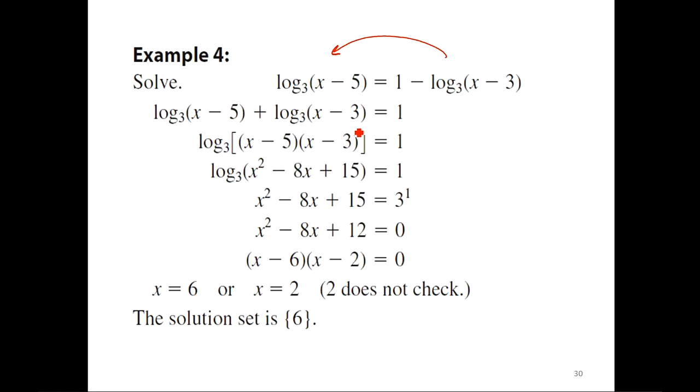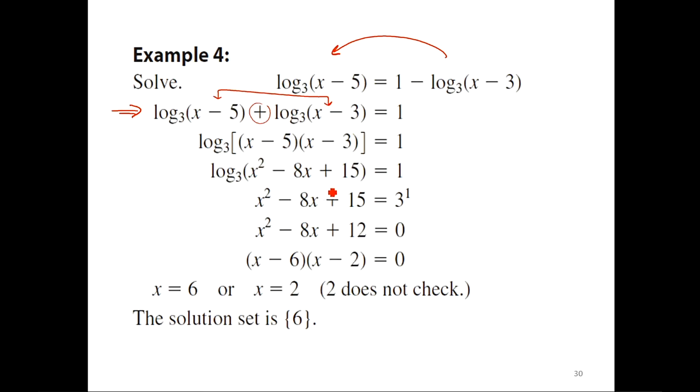Okay, so we have this one, equal 1. And put the logarithms in a single logarithm. So if we have many logarithms, put them in a single logarithm. So we have, this is plus, so this is multiplication between them. So we have x minus 5 multiply x minus 3.